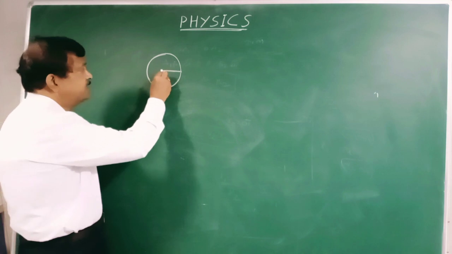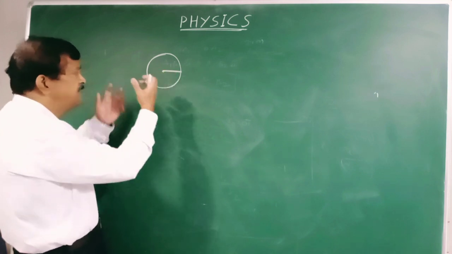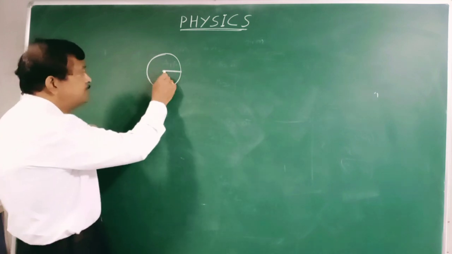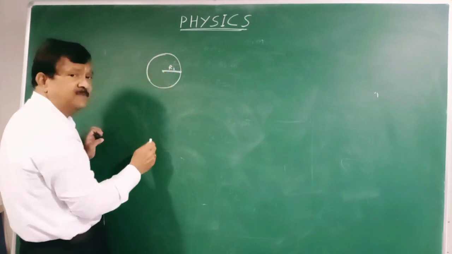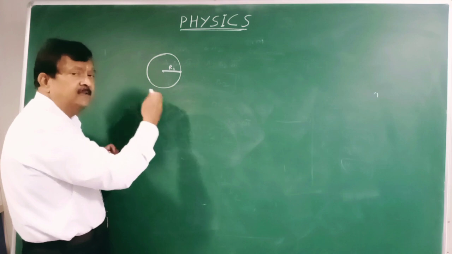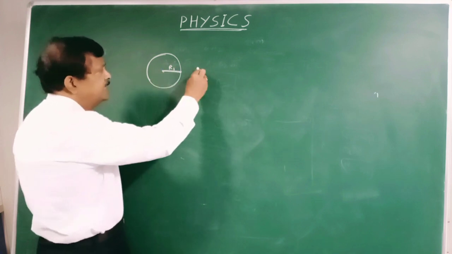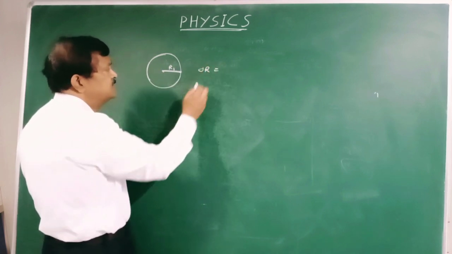But when the radius is expanding, because the expansion is radially outwards, let us say R1 is the initial radius. Because of change in temperature, there will be an increase in the radius. Let us say delta R is the change in radius.